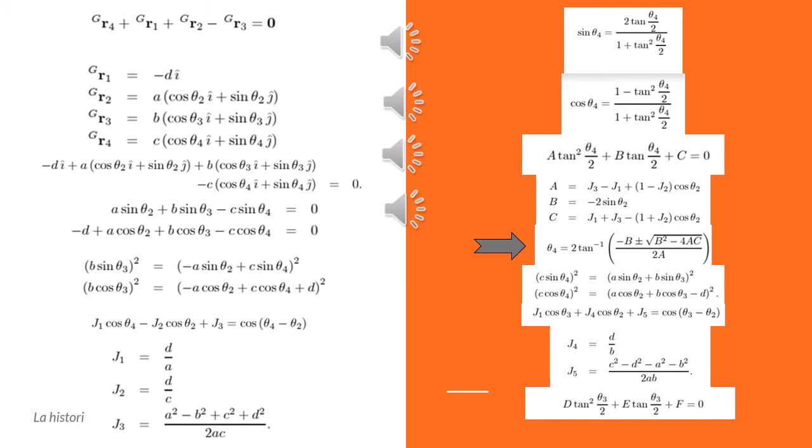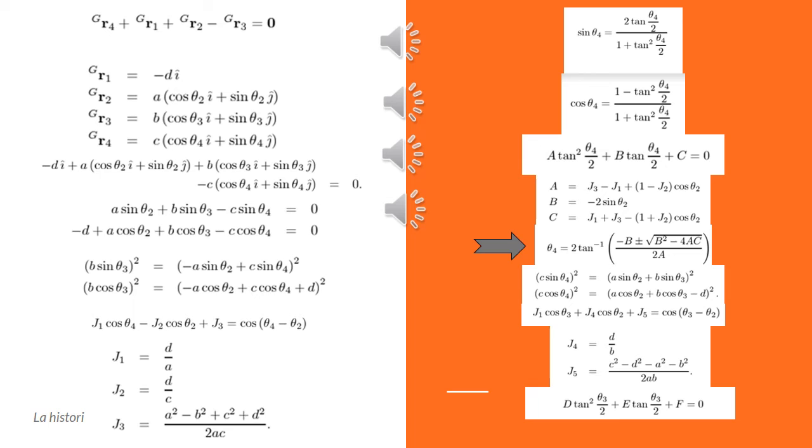Now here we have the following. First, the vector loop in the global coordinate frame is G. As we can see, GR1, GR2, GR3 and GR4 all need to sum to zero. And here we have all the equations in terms of GR1, GR2, GR3, and GR4.